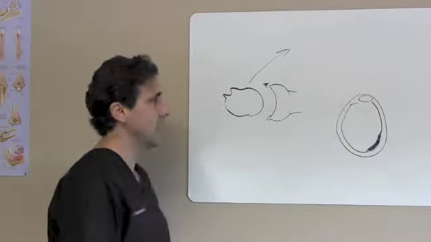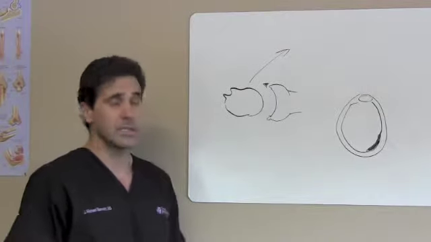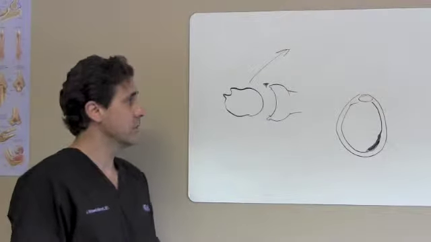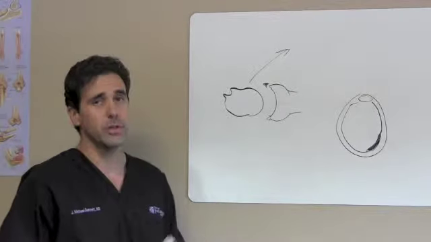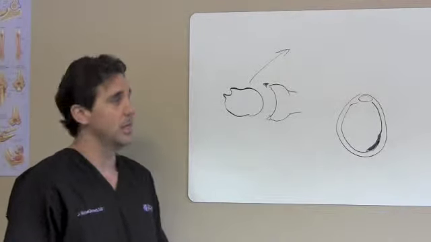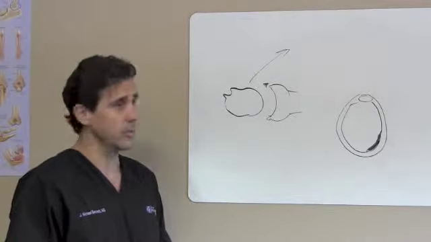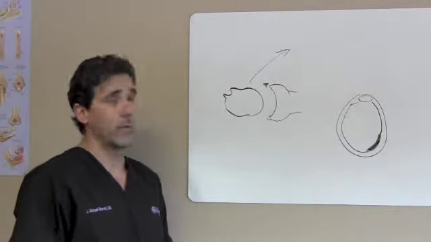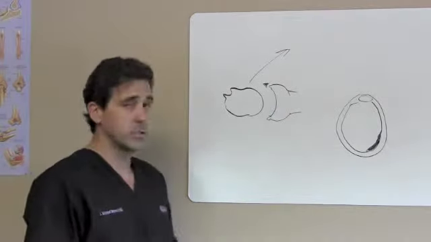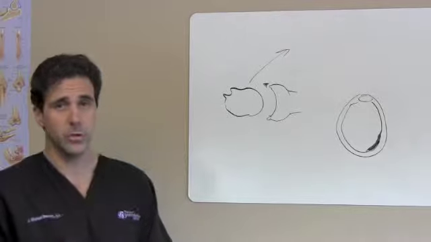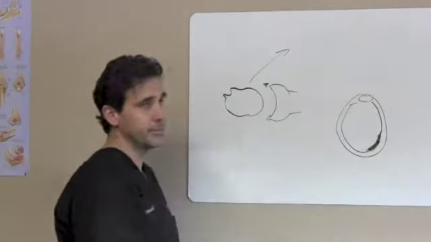Well, a lot of times, if they're young and they're active and they play contact sports, their risk of dislocation, recurrent dislocation, is high. So if they want to continue playing contact sports, then typically, to minimize risk of dislocation, prevent long-term arthritis, we recommend usually fixing this arthroscopically through a scope, a couple poke holes in the shoulder, going in there with the camera, finding this disruption in this tear.